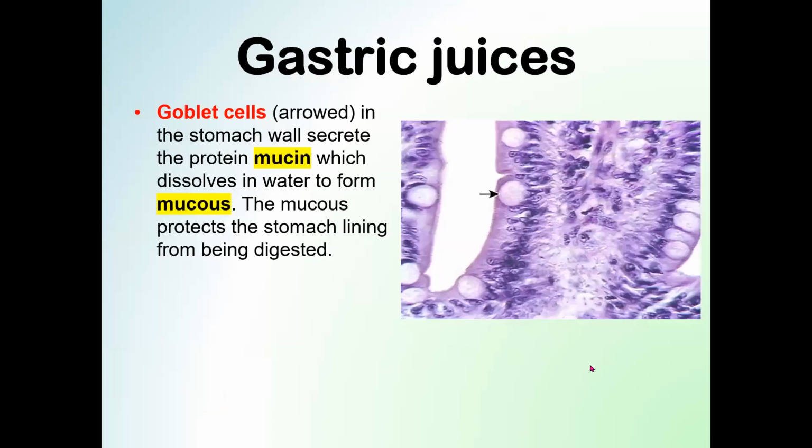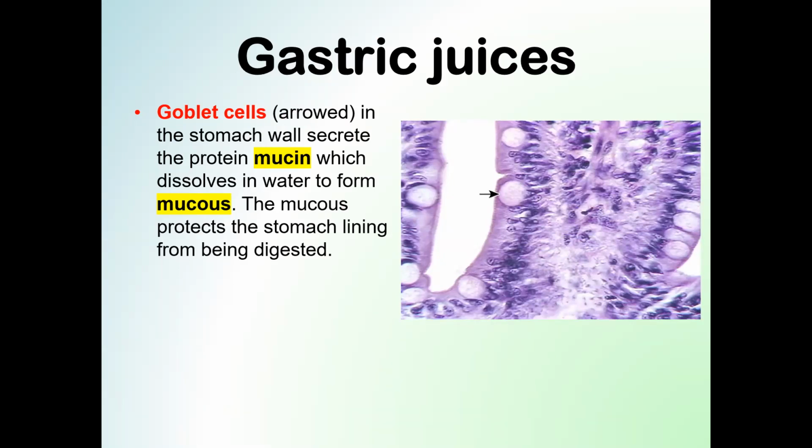In order to keep everything safe inside the stomach, there are cells called goblet cells. You can see one here, the 1, 2, 3, 4 here, another 4 here, and they produce mucin.